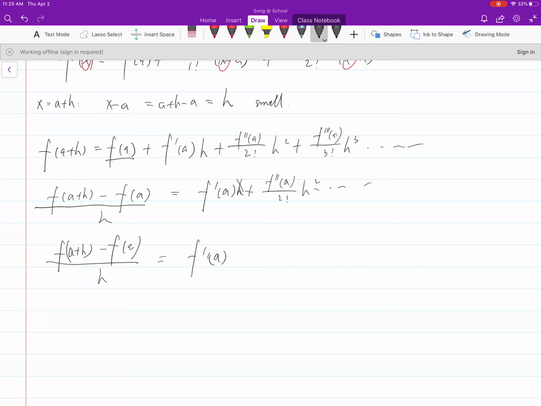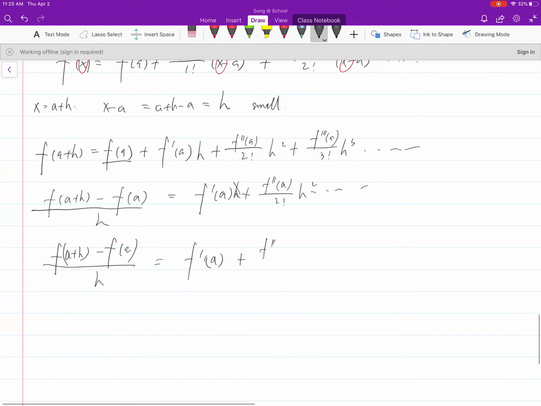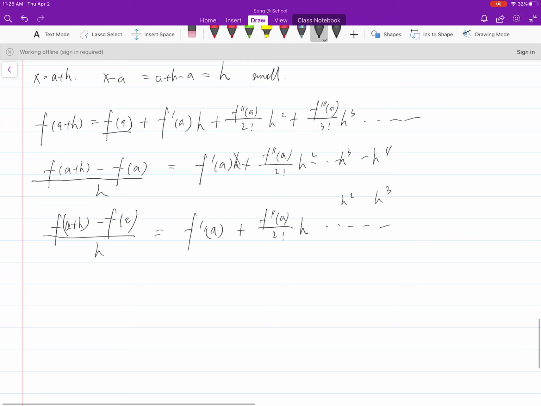This gives you f prime of a, so this h is gone, plus f double prime of a over 2 factorial times h, because now you have one h divided, and then h squared and h cubed, because before you had h cubed, h fourth, now they become h squared, h cubed. Dot, dot, dot. Everything is still a polynomial of h. Good so far? What is this? Take a look.